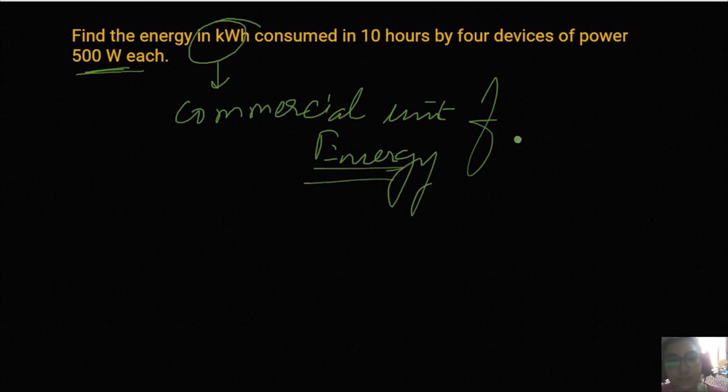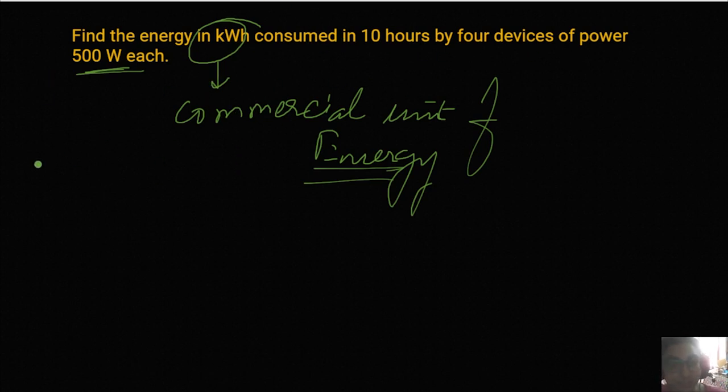So it's better if we calculate everything in these terms, especially when we are calculating the power for devices, because the money that we have to give to the electrical companies per month becomes easier to calculate in terms of kilowatt hour.